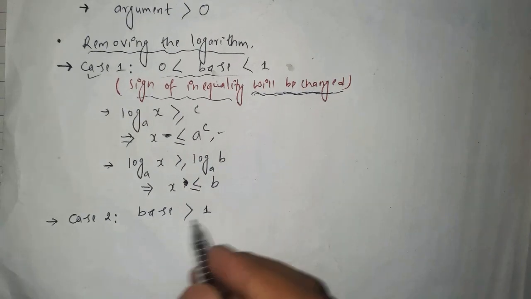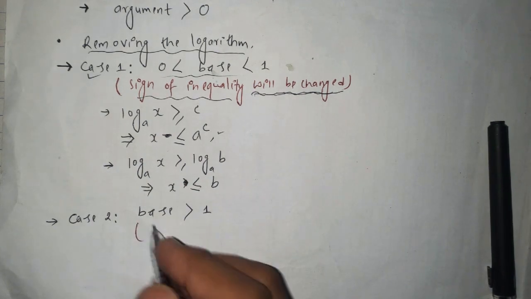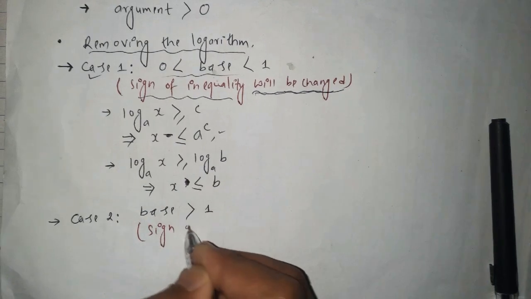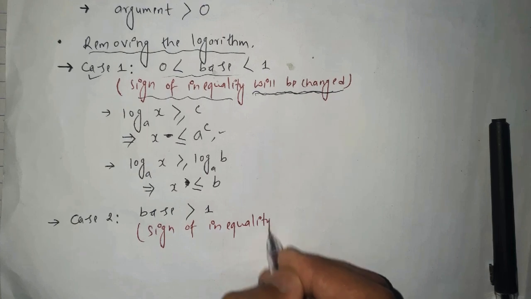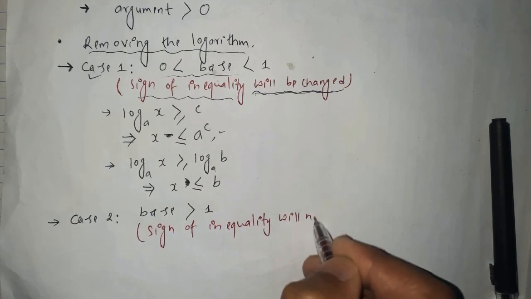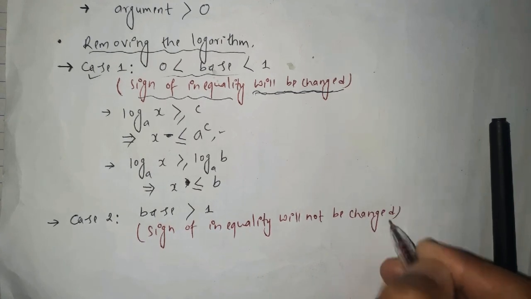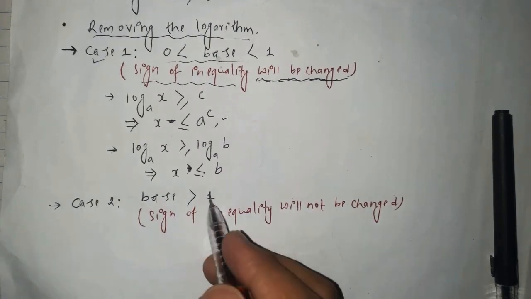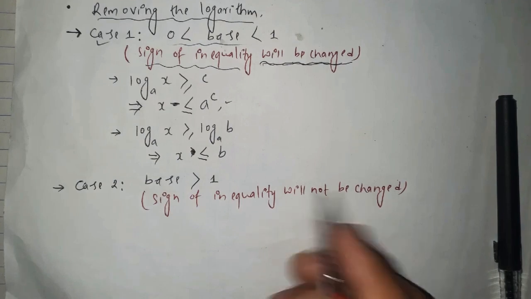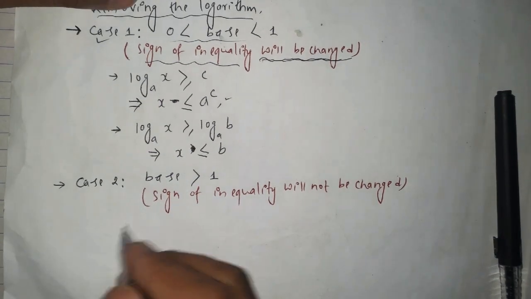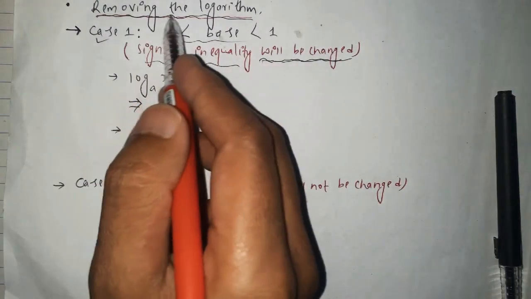If the base is greater than 1, then under this condition the sign of the inequality will be the same, will not be changed. If the base is greater than 1, the sign of the inequality will not be changed. And here we are talking about the second step, removing the logarithm.